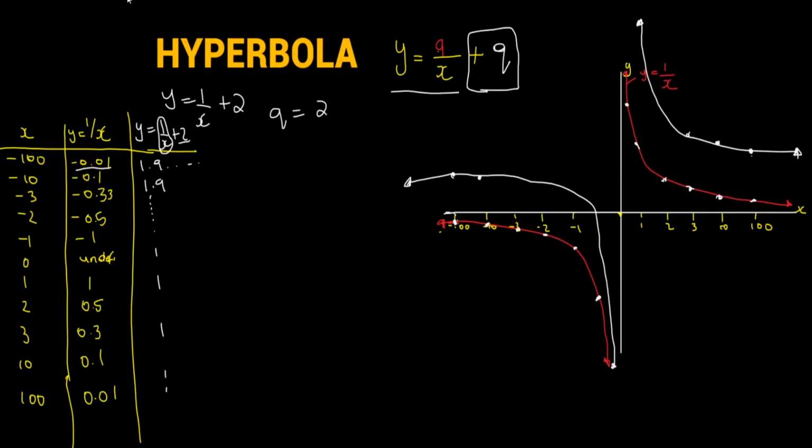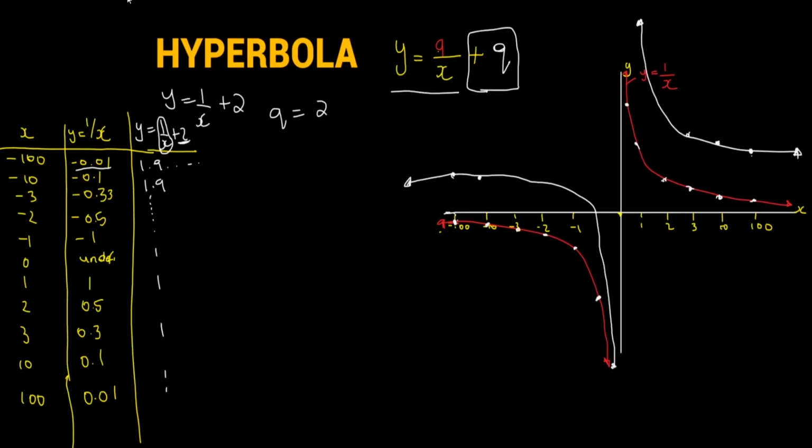We notice even from when we were equating the values that for every value of y from the basic hyperbola, we added 2, because that's what the equation was saying. So you can see even from the graph that the graph shifted 2 units up.